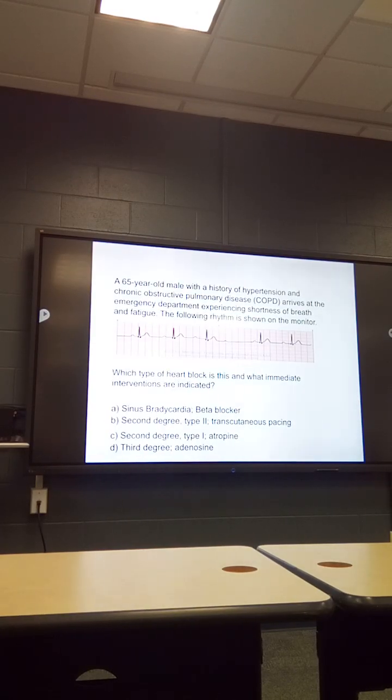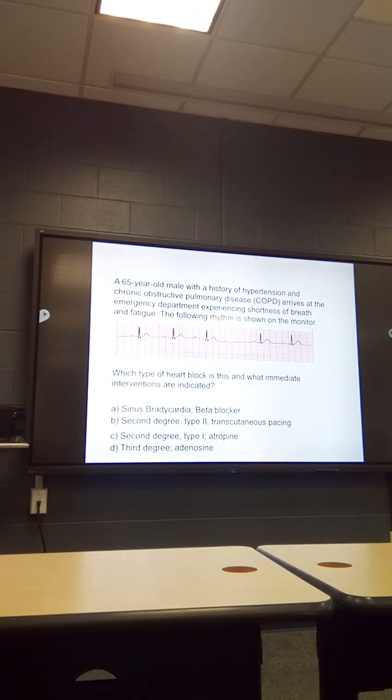Alright, so this one has COPD, the monitor shows this. Which type of heart block is this, and what interventions are indicated? So is it sinus brady? But it's got only 5 beats. Why is it not sinus brady? What's missing?